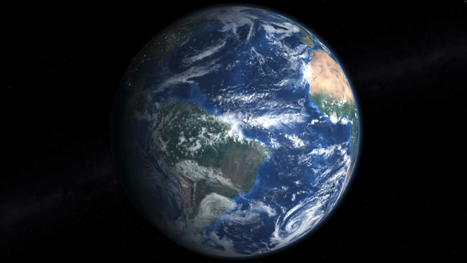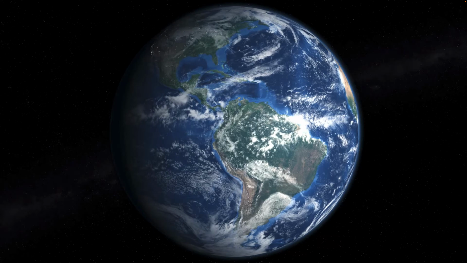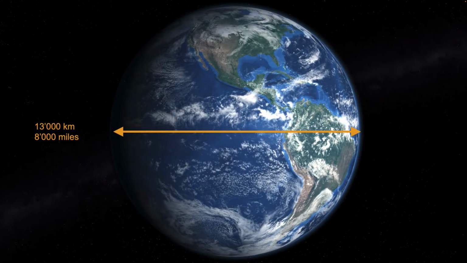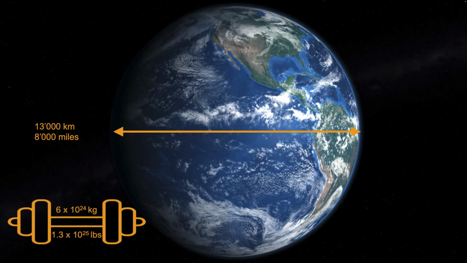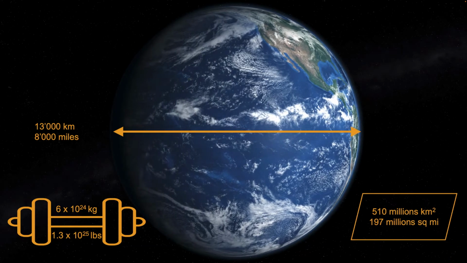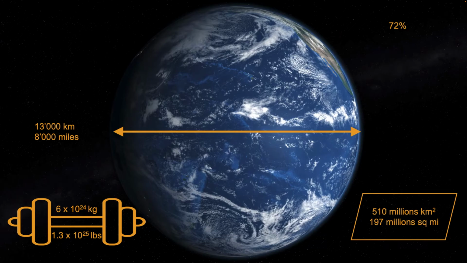So what does the Earth look like now? It is a sphere of about 13,000 kilometers or 8,000 miles in diameter, a little flattened at the pole and bulging around the equator. Its mass is approximately 6 times 10^24 kilograms or 1.3 times 10^25 pounds.